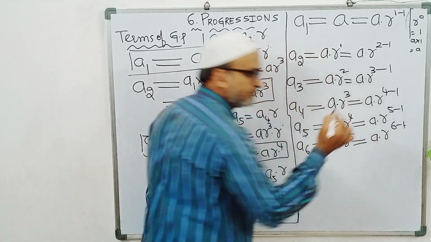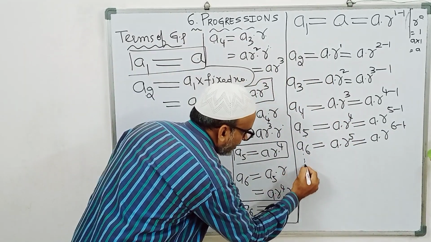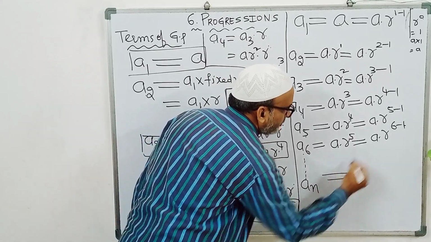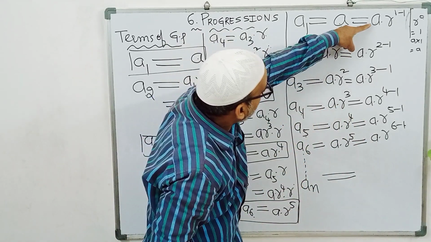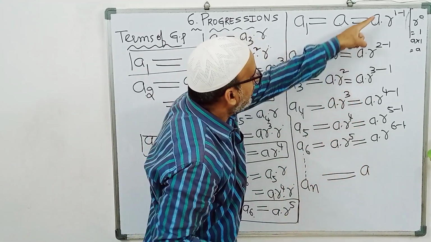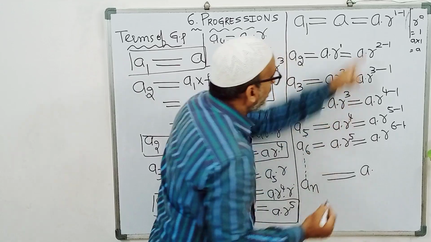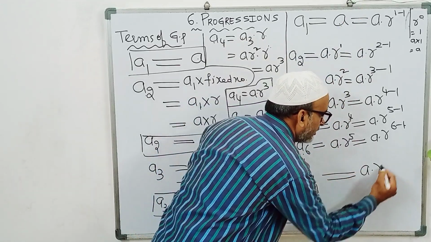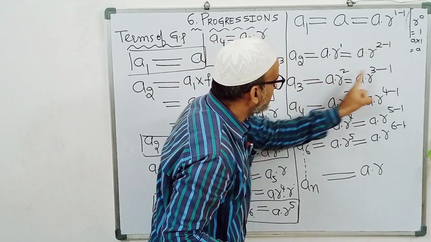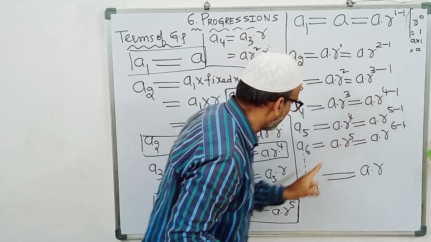Like that, an: all are a, r. If 1 is here, 1 minus 1. 2 is here, 2 minus 1. 3 is here, 3 minus 1. 4 is here, 4 minus 1. n is here, n minus 1.